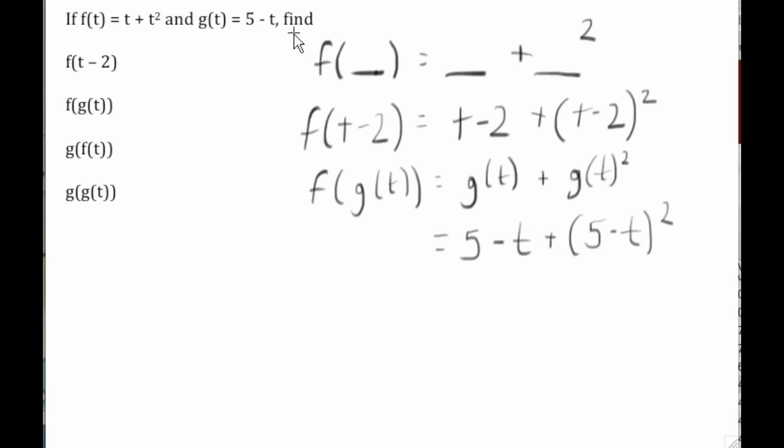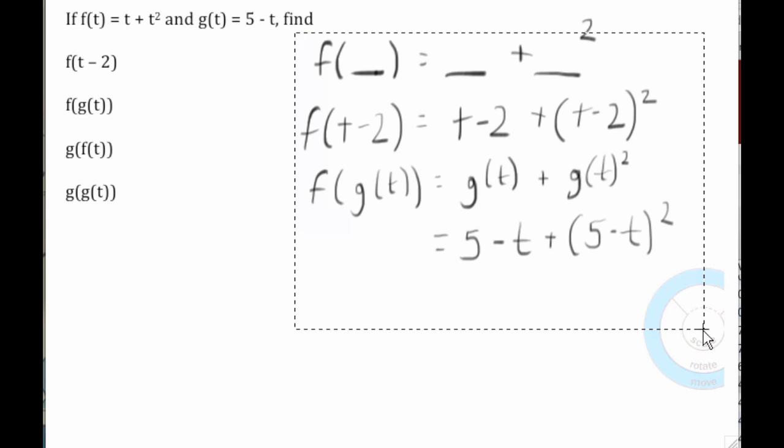All right, so let me erase what we got here, and let's actually do this with the g instead. So notice that if we do the same sort of blank thinking, we have g of blank is 5 minus blank. That's how the function works.